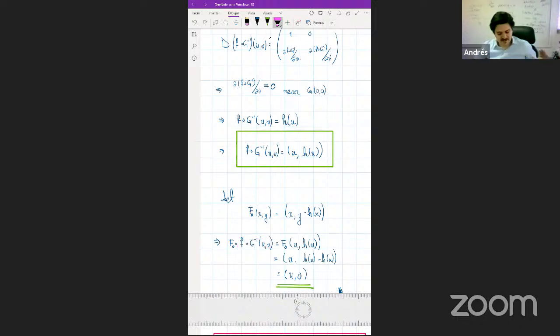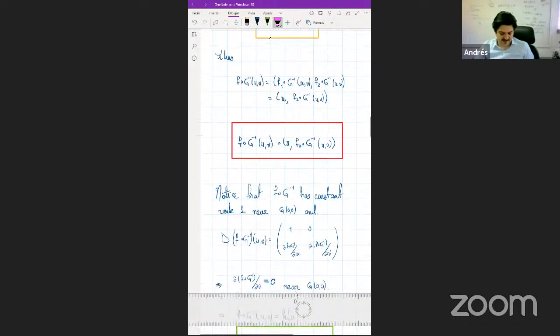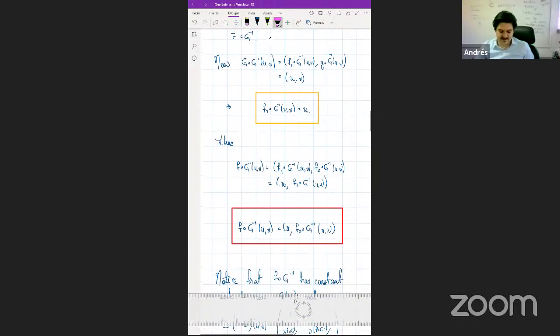So basically, the inverse function theorem helps me to get the first entries equal. That's what we got here. This is equal to that one by the inverse function theorem.